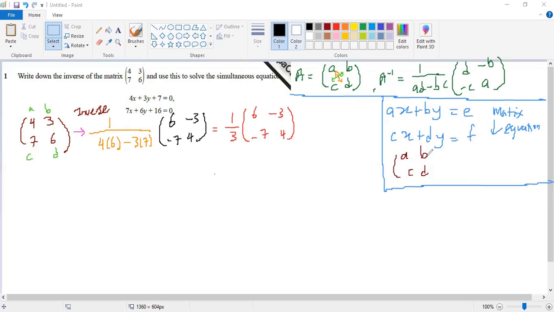So a, b, c, d, see the a and c both belong to x. That is why we write it in that order, x and y, and then e, f are the two constants.